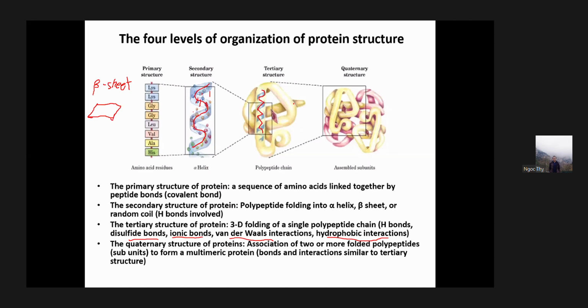And in some proteins, some subunits even combine together to form a more complex structure called the quaternary structure. For example, in hemoglobin here, we have four subunits combined together to form a hemoglobin with the heme, which means the iron atom inside.